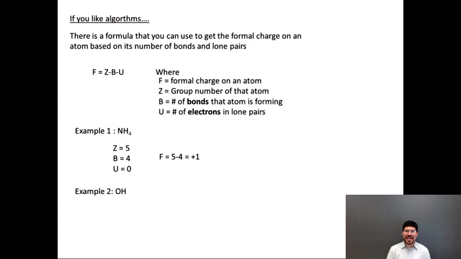As a second example, we're going to look at OH. Oxygen's in group 6 of the periodic table. It is forming 1 bond, and there are 6 electrons in lone pairs. So 6 minus 1 minus 6 is equal to negative 1. Therefore, we would expect there to be a minus charge on OH, and there is.